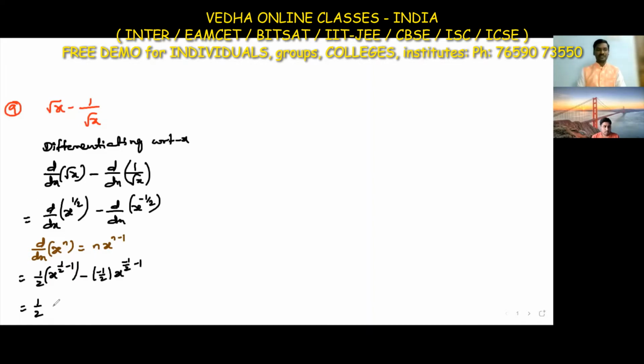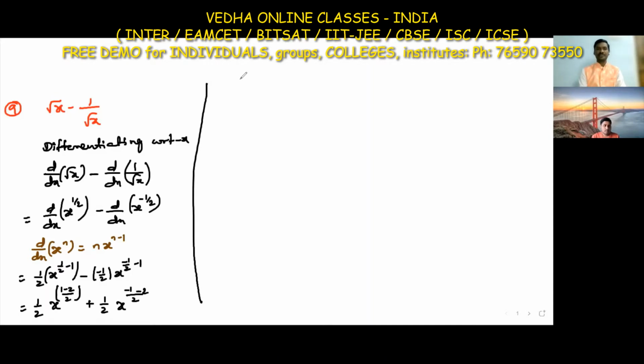So x to the power, LCM is 2, so 1 minus 2, and minus into minus plus 1 by 2 into x to the power, LCM is 2, minus 1 minus 2.